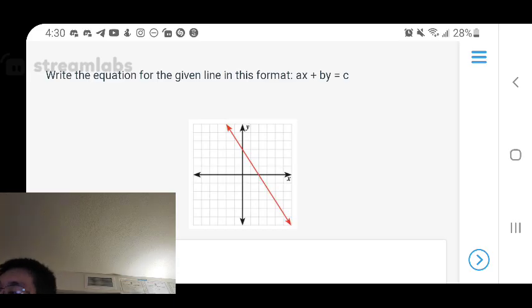Just like the last question. Wait. Yeah. Okay. 1, 2, 3. Yeah, x, y. Right, x and y. Keep forgetting. Write the equation. Ax plus by equals c. Okay.